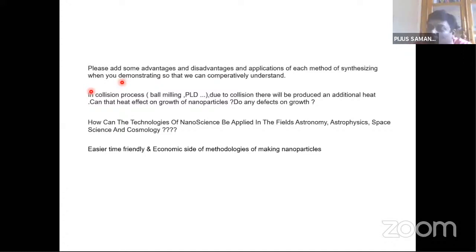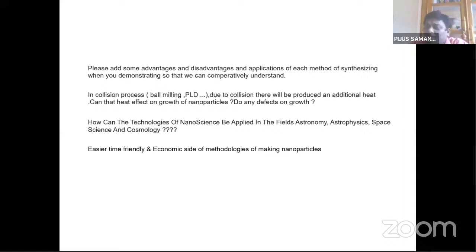Whereas if you grow the same zinc oxide using this chemical method, lots of defects are there within the crystal. And these defects have energies that lie in between the conduction band and valence band. So the energy gap is reduced, and the emission will now be shifted towards the higher wavelength.